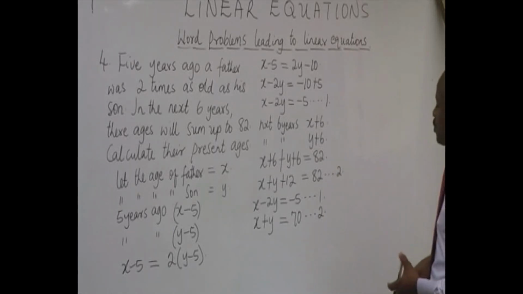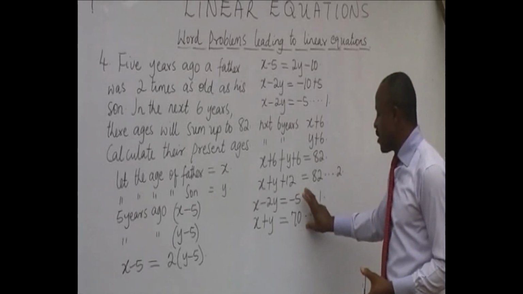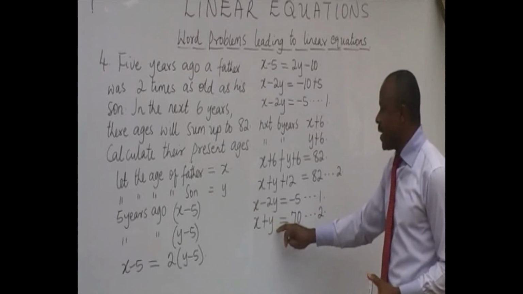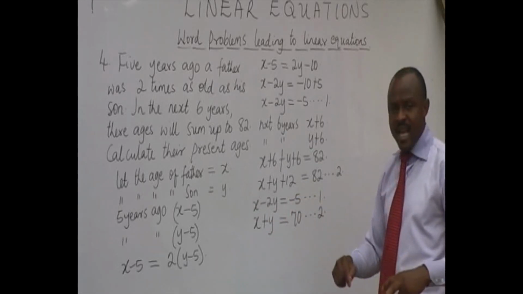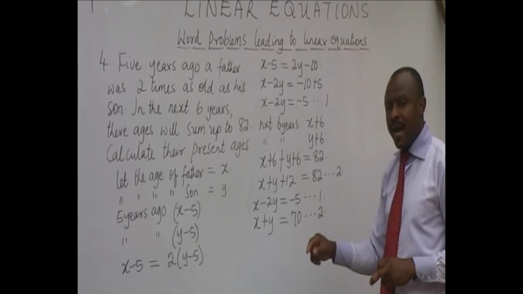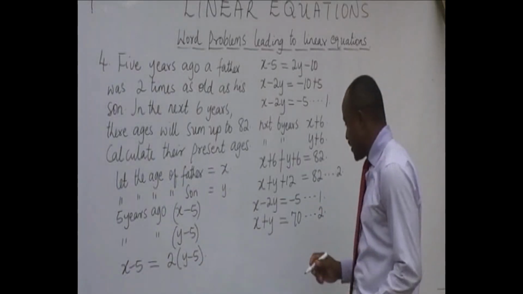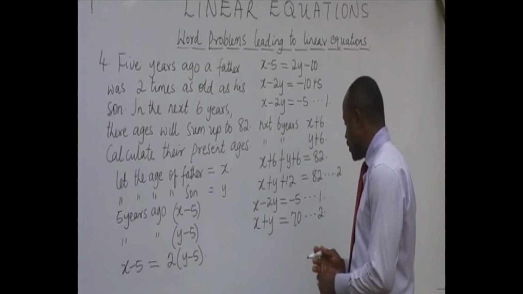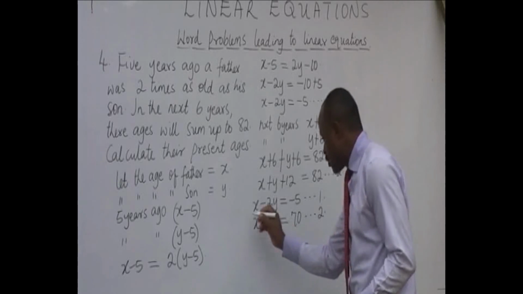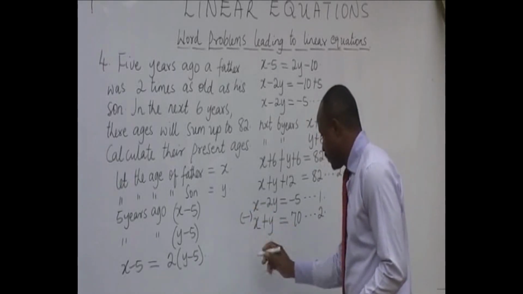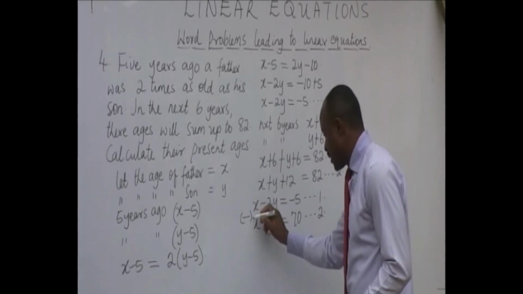Now we are going to solve the simultaneous equation so as to find the values of x and y, which will mean the present age of the father and the son, respectively. Now subtract equation 1 from equation 2, or whichever way, just put minus here. X minus x, we cancel.